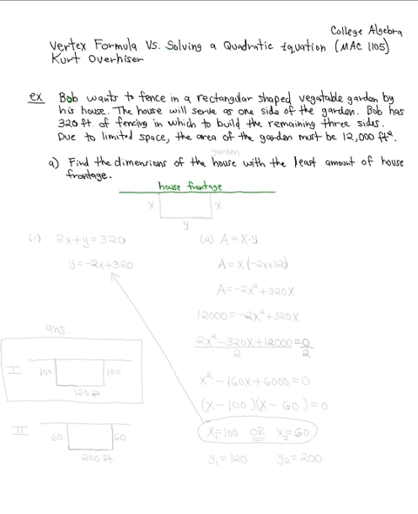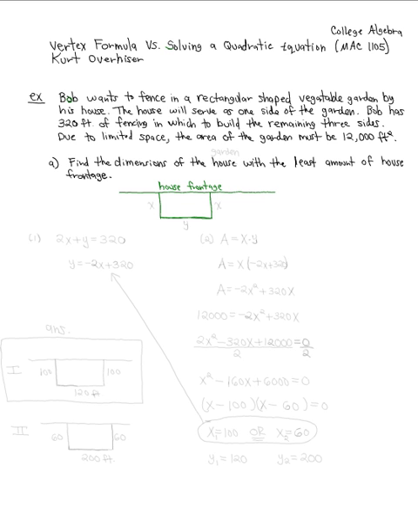Since the house serves as one side of the garden, we don't have to put any fencing there. But we will have to fence in the remaining sides. It's going to be rectangular, so it looks something like that. So that rectangle represents our garden.